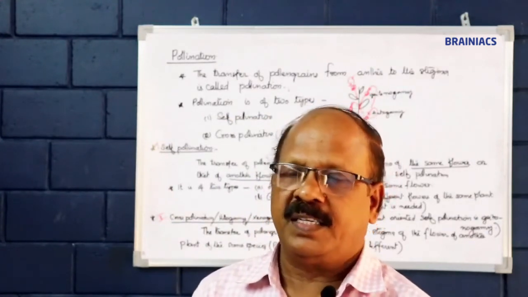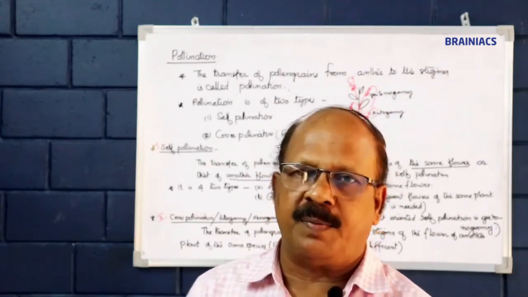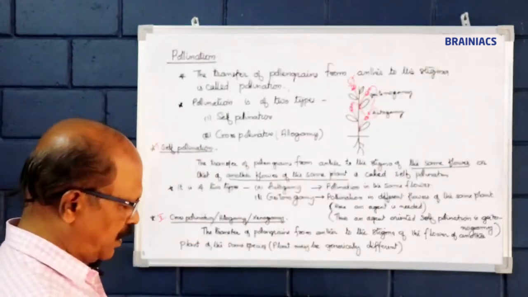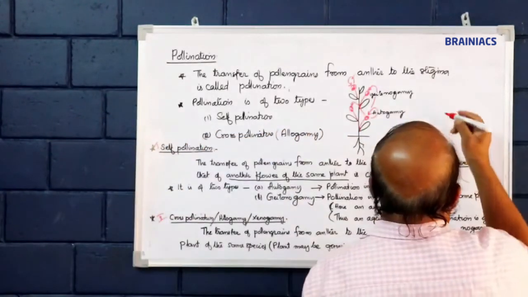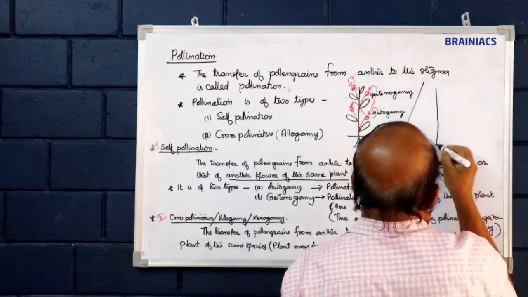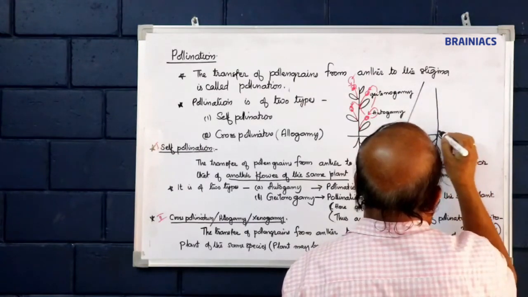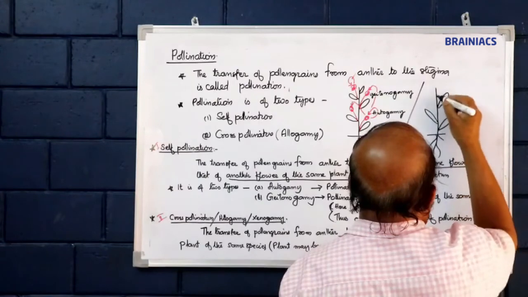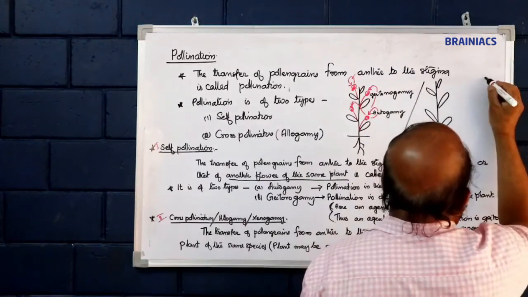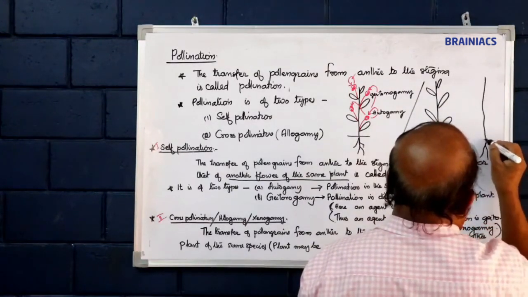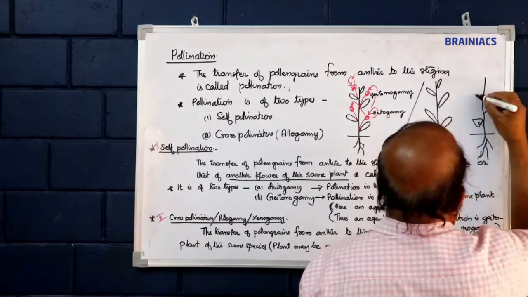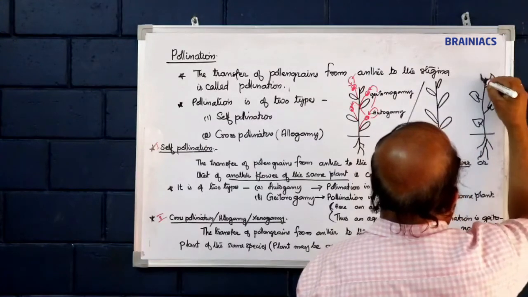In the next lesson you can see in detail plant breeding, the need of plant breeding in science and in agriculture. See here, suppose two plants. This is a plant. This is another plant, and the leaves, same species, but the leaves are entirely different.